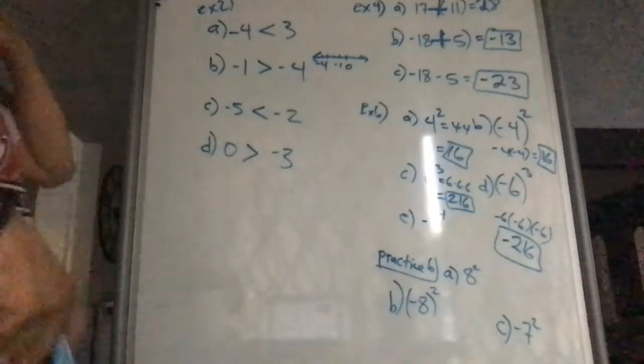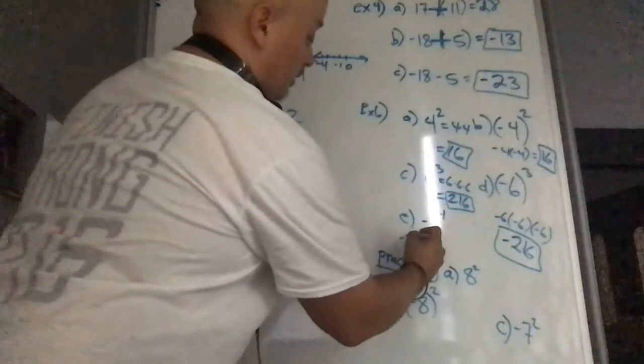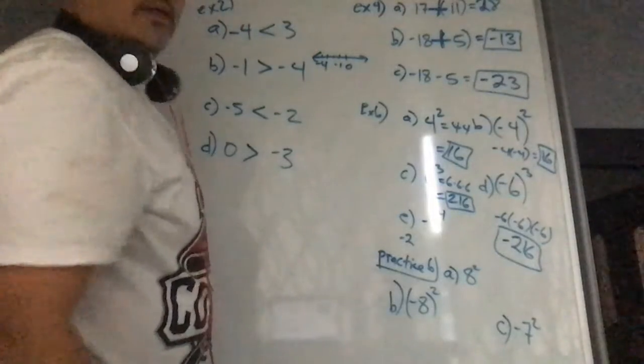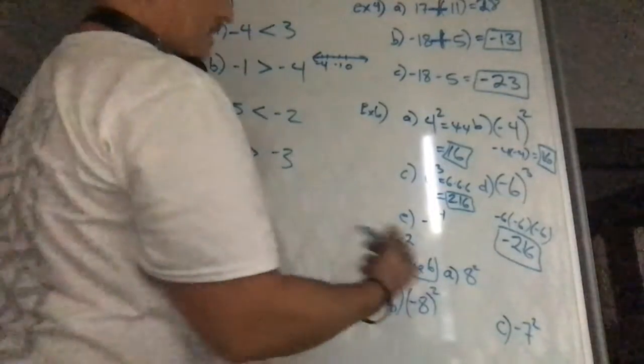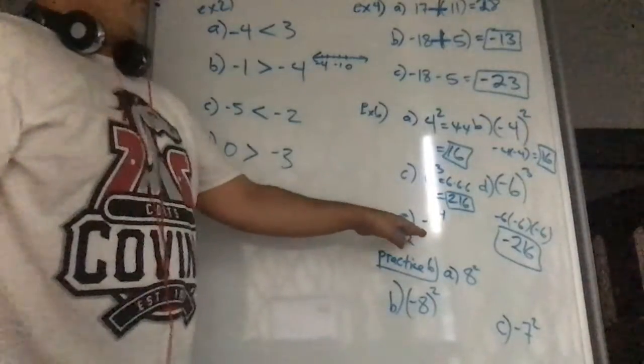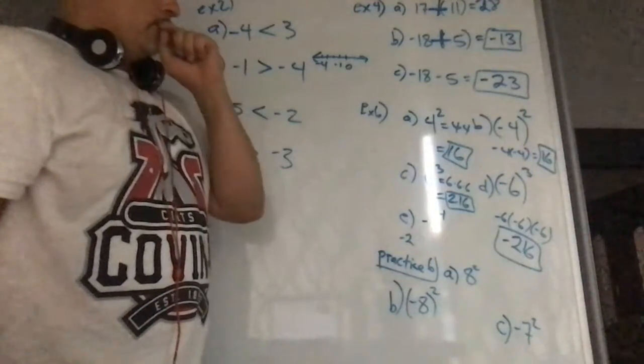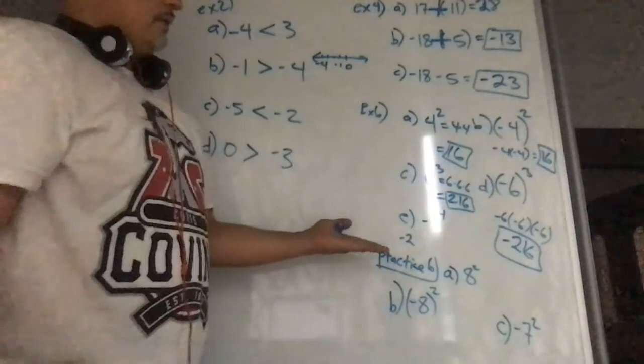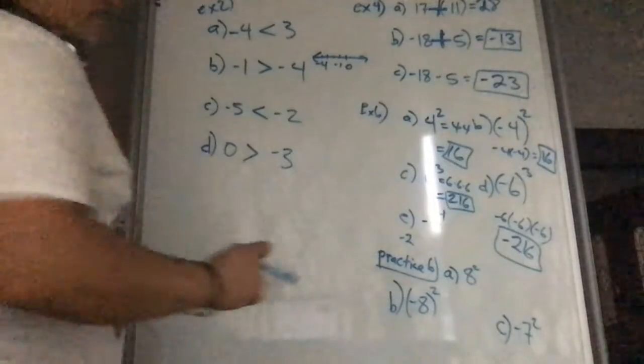Negative 2 to the fourth power, we just talked about this. This is actually going to be, wait a second, let me take a look. Oh, you know what? This is what I was talking about, guys. When you're raising a negative number to a power, if it doesn't have parentheses like this, this is how we have to think about it.